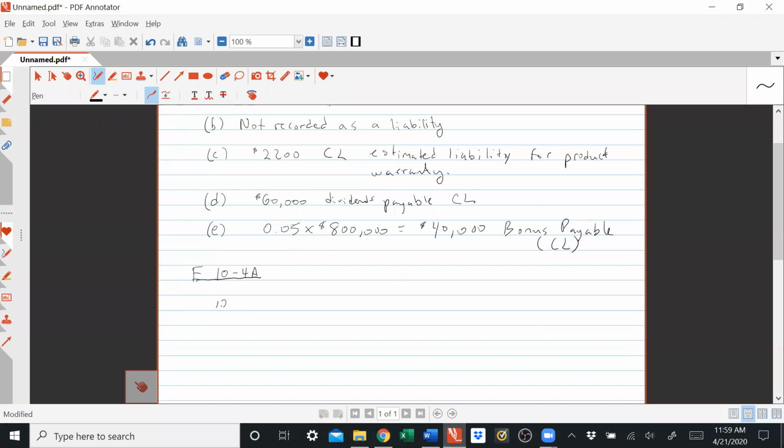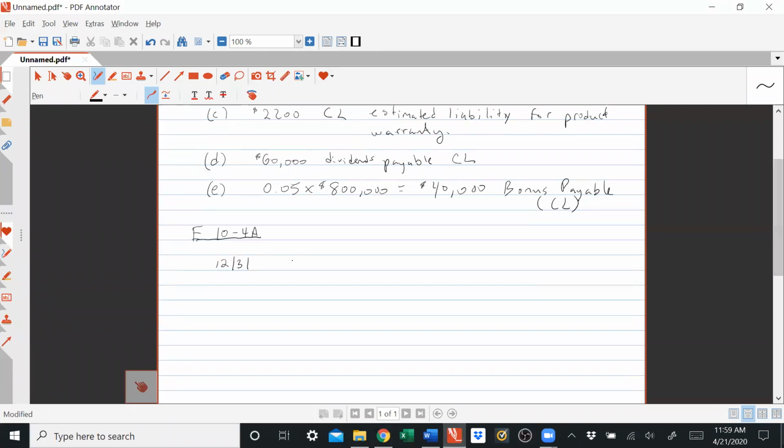So on 12/31, we make the following entry. We're going to debit interest expense. Credit interest payable. We don't have to pay anything on December 31st, but we do have to recognize interest expense.